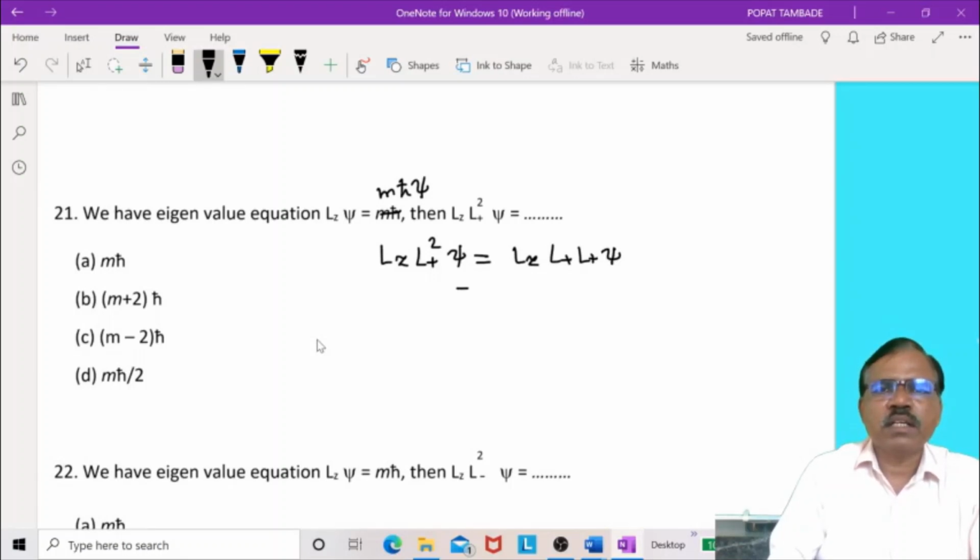So what happens? The eigenvalue increases twice by h bar. So we will get here m plus 2 h bar, L plus square psi. So here we have m plus 2 h bar.